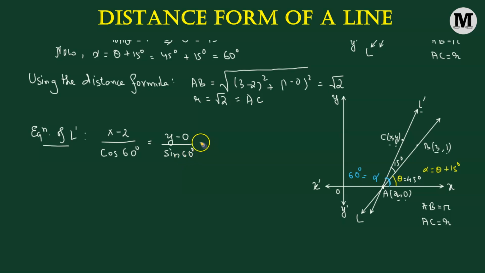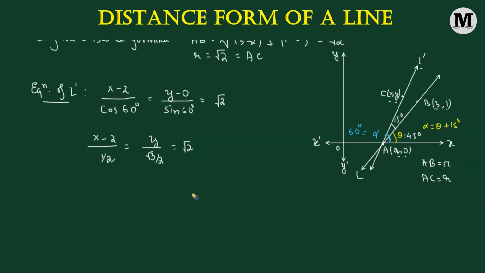This is equal to the distance between the points A and C, which is R, and R came out to be the square root of 2. So here we have x minus 2 divided by cosine 60 degrees. Cosine of 60 degrees simply equals 1/2. This is equal to y divided by sine 60, that's square root of 3 over 2, and that's equal to the square root of 2.